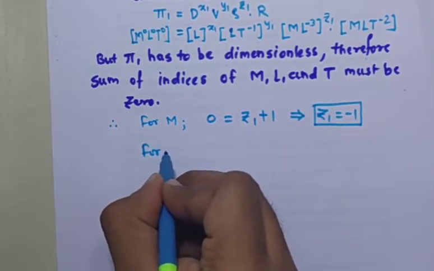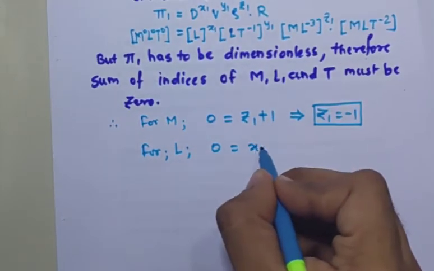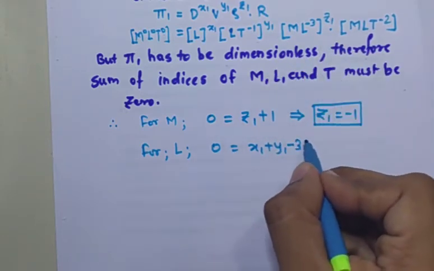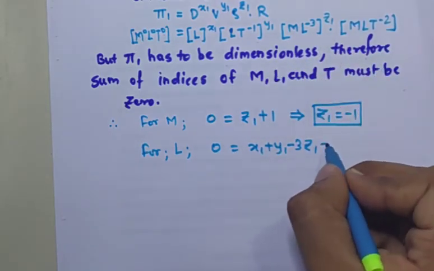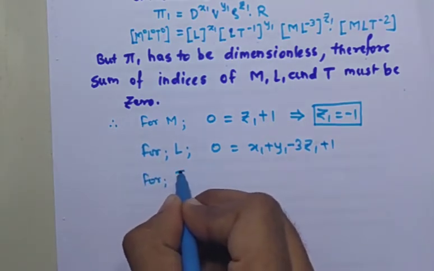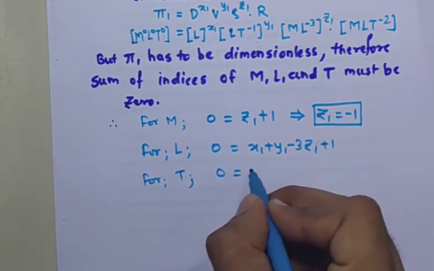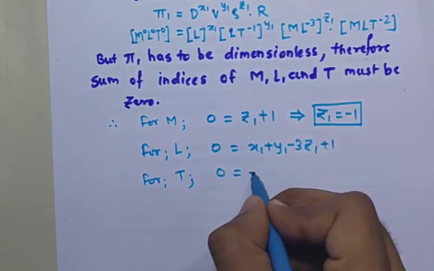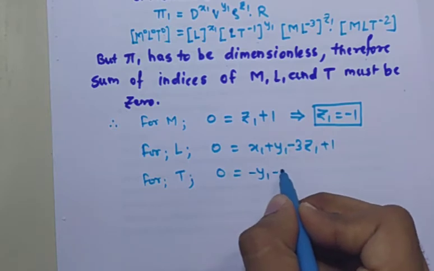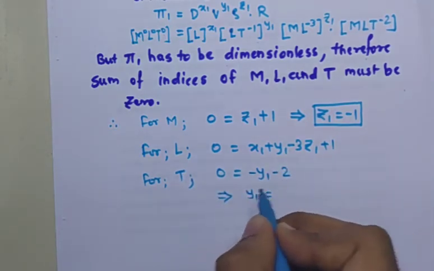For L, 0 is equal to x1 plus y1 minus 3z1 plus 1. For T, 0 is equal to minus y1 minus 2. So this implies that y1 is equal to minus 2.